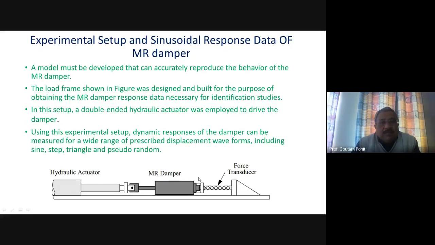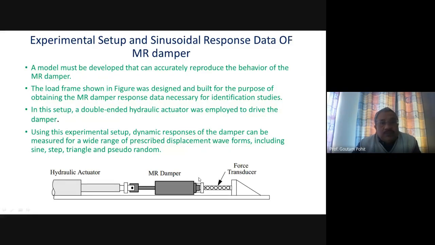Now, in the literature, we found some experimental setups made and sinusoidal response data of the MR damper. I have given some glimpses of that. A model must be developed that can accurately reproduce the behavior of the MR damper.